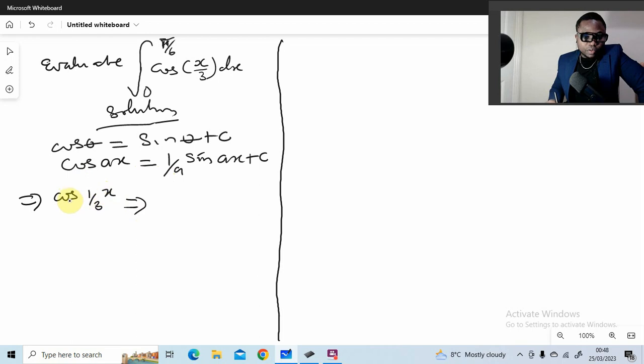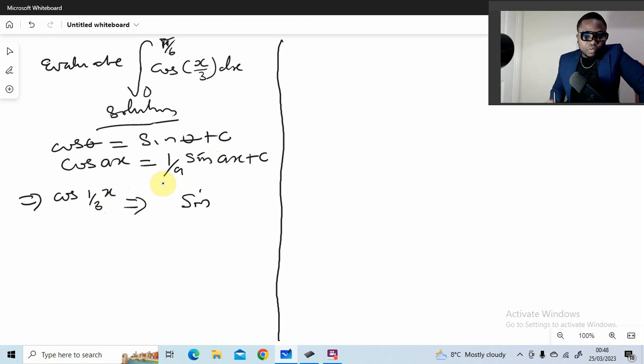Using this formula, remember that if you're integrating cos, you're getting sine. I'll write sine here. Remember that this 1 over 3 is representing a, the coefficient of x. X is the variable, as I said earlier.